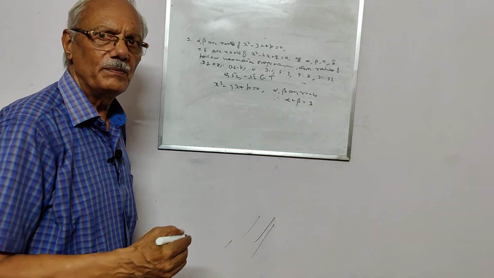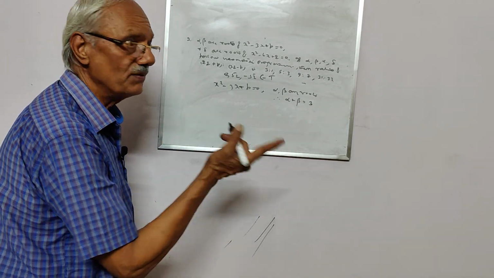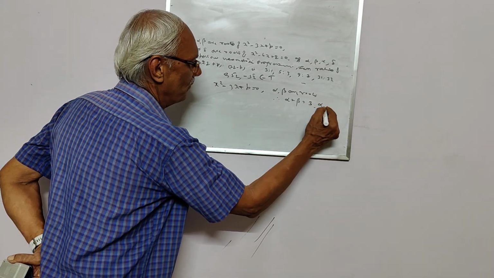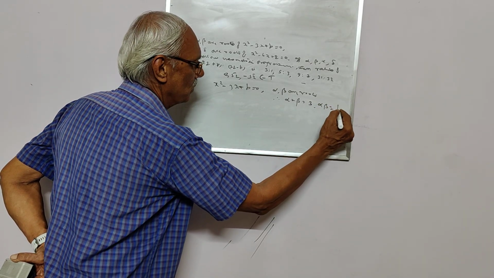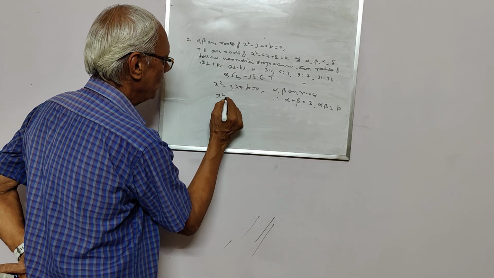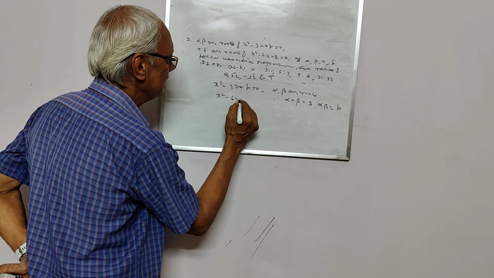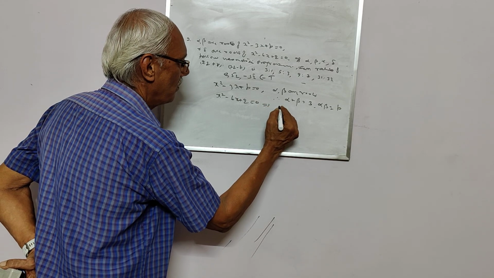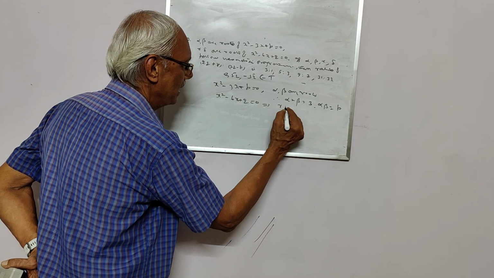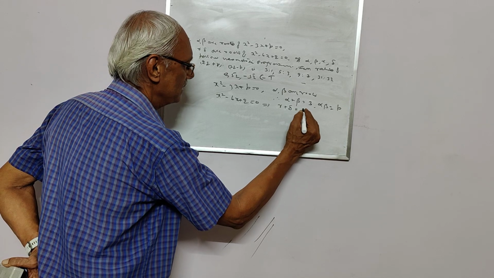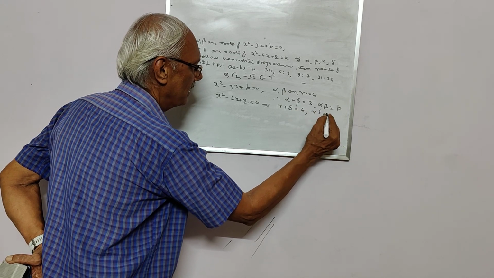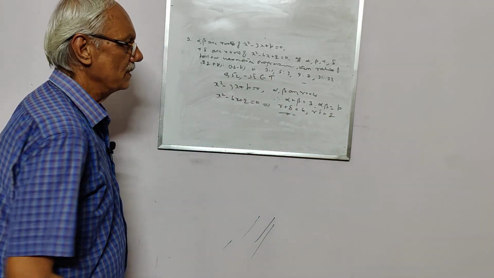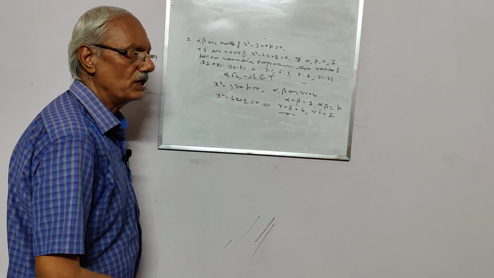I have taught you in the beginning itself how to write the equation when the roots are given. So alpha plus beta is equal to 3, and alpha beta is equal to p. And x squared minus 6x plus q is equal to 0, which implies gamma plus delta is equal to 6 and gamma delta is equal to q. These are very, very important results that we have got here.